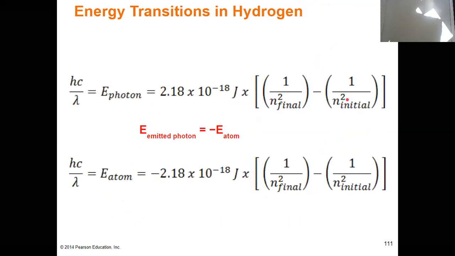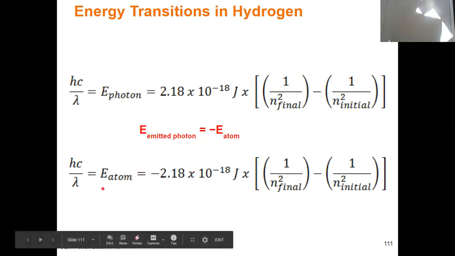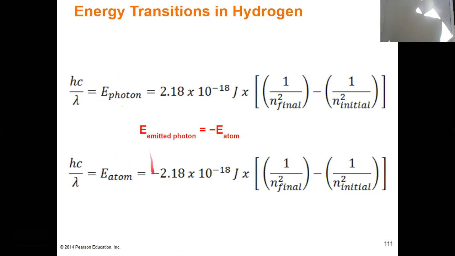The other thing I want you to notice is this difference here. We have the energy of a photon, that's the thing that is released, versus the energy of the atom. Notice that there's a negative sign in front of the atom, and there is not a negative sign in front of the photon. That's because these two values have to be opposites of one another.